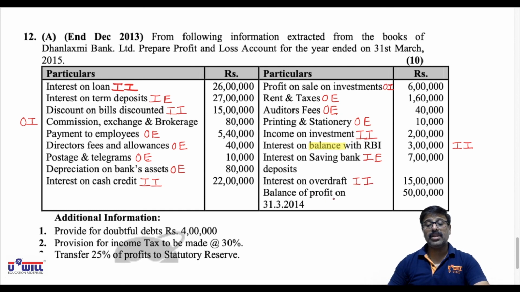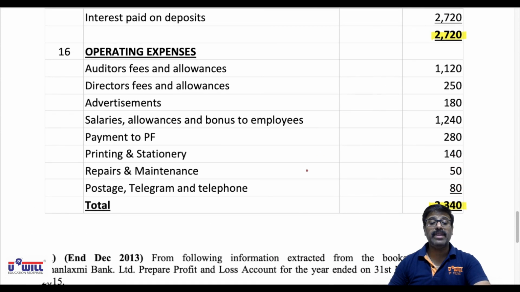Balance of profit on 31/3/14. Now balance of profit on 31/3/14, you'll directly take it in the P&L account in part 3. What is this? This is the opening balance. All of you can see in the formats what we have done.